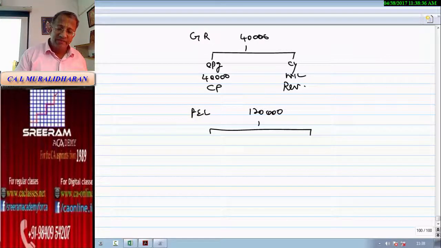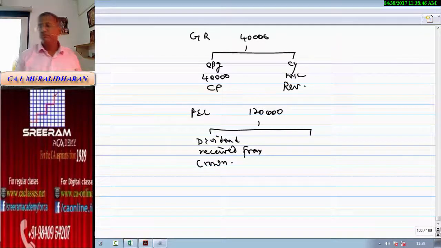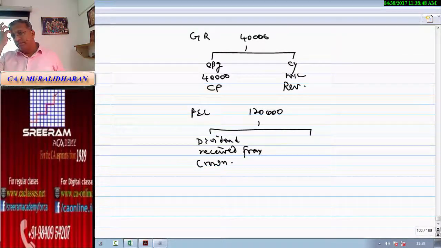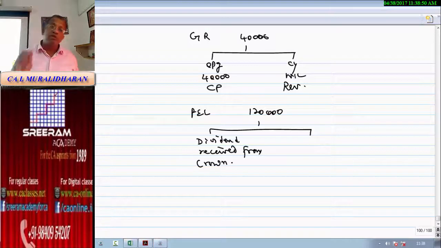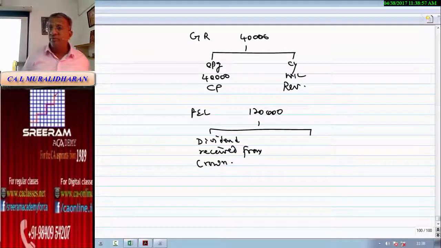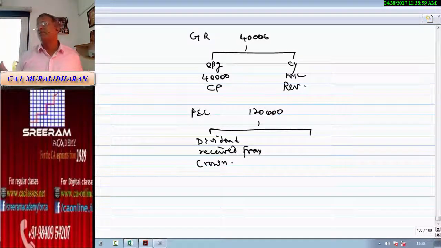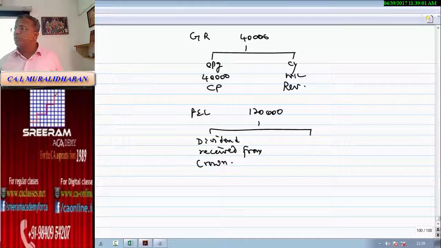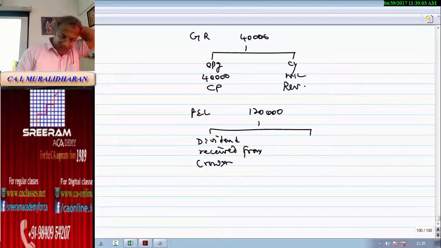Firstly, we will take up dividend received from Crown, because Brown is holding 58 and 1/3% in Crown, and Arun also received, but whose reserves and surplus are taken for analysis? It is only the Brown's reserves and surplus we take up for comparison.